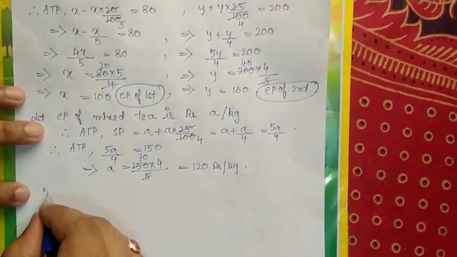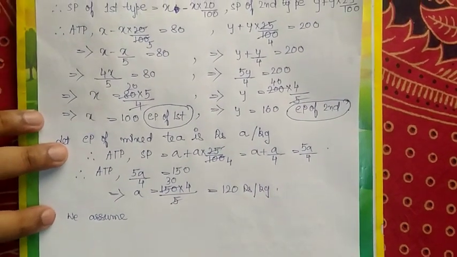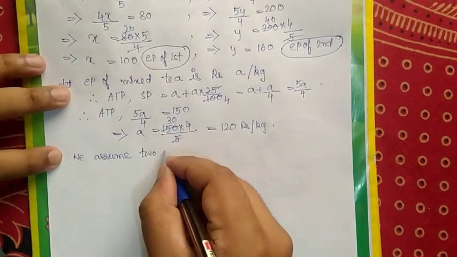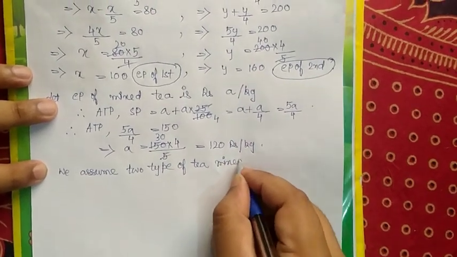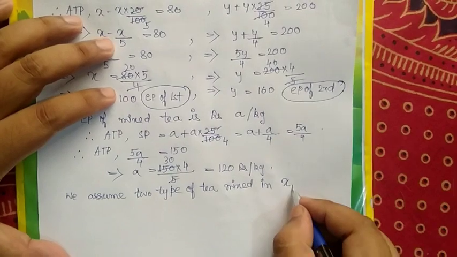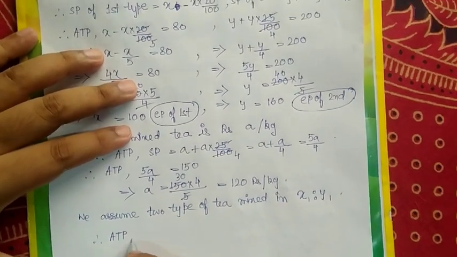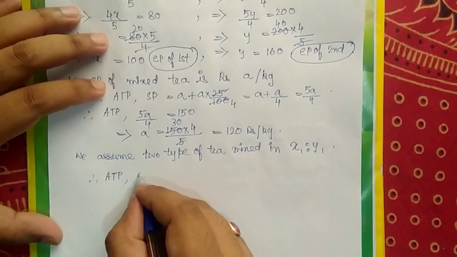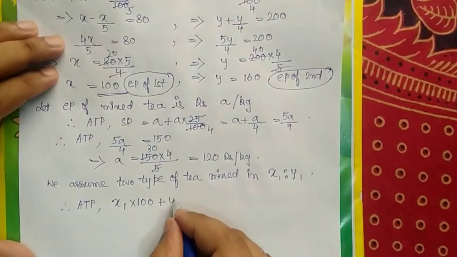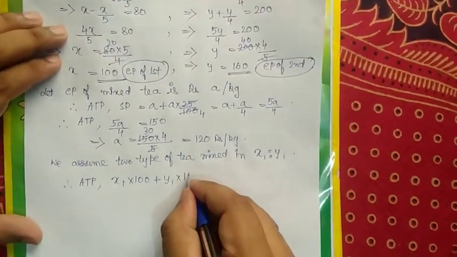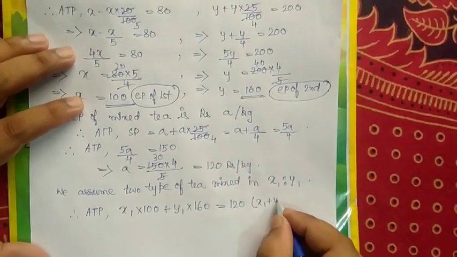Now we don't know how much quantity of the first type and second type of tea is mixed. So we assume the two types of tea are mixed in x1 : y1 ratio. So according to the problem, x1 into first CP 100 plus y1 into second CP 160 equal to mixed tea 120, and their total mixed quantity is x1 plus y1.